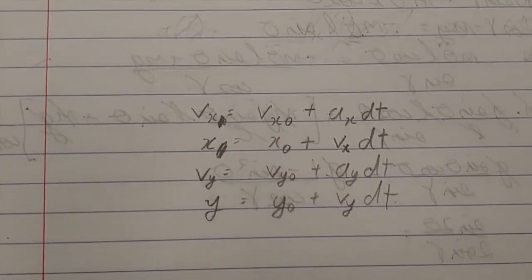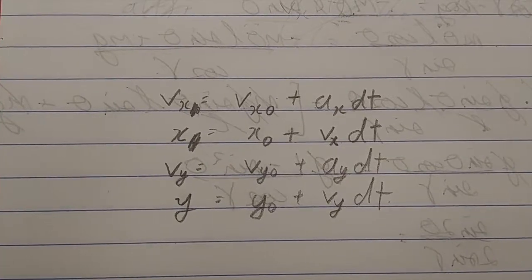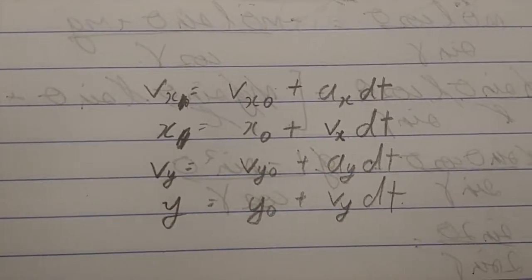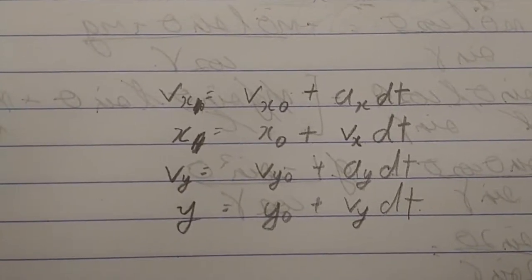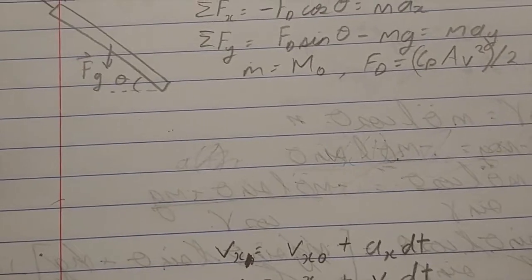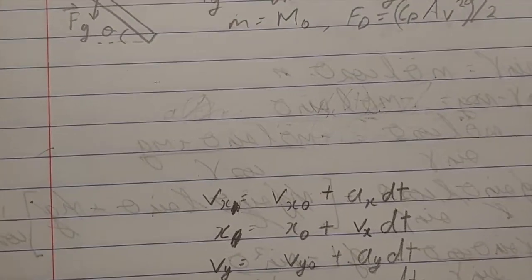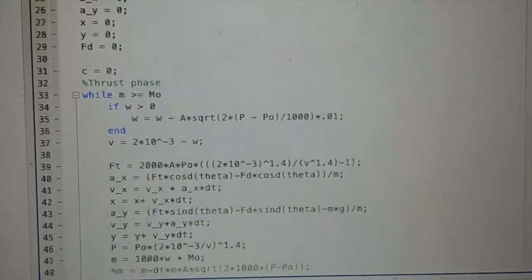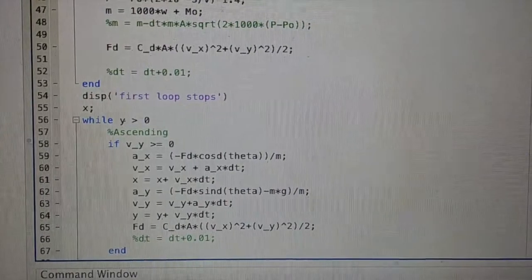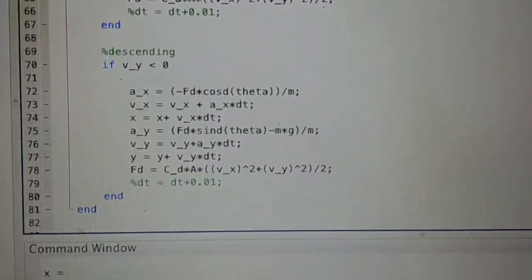The velocity and displacement could then be calculated using the equations as shown, with dt being a small increment in time. These equations, along with the equations for the thrust and mass, were put into while loops with small increments in time to give us the final x displacement.